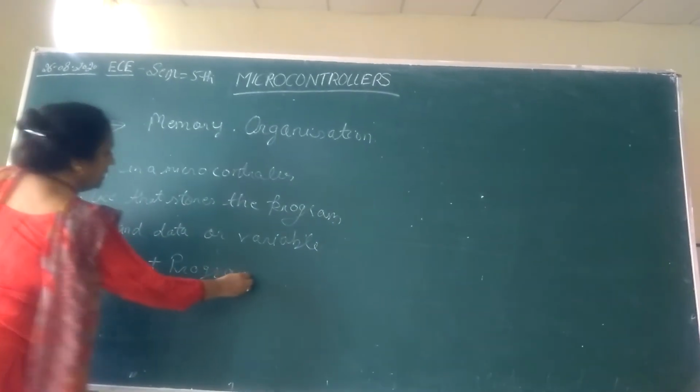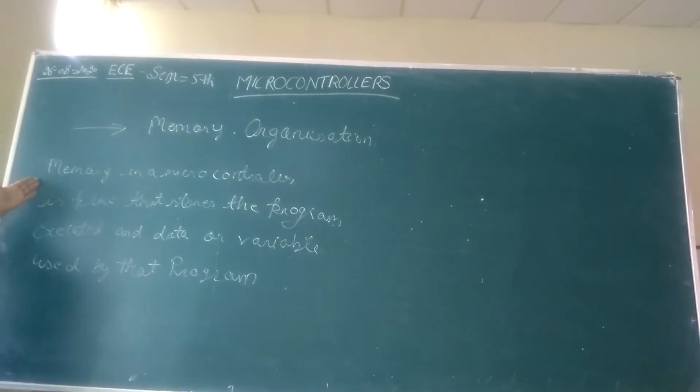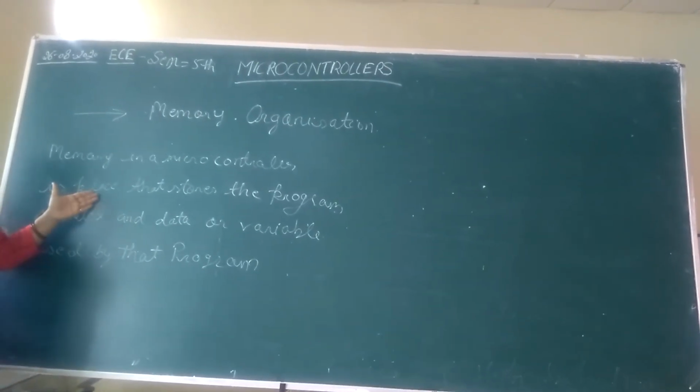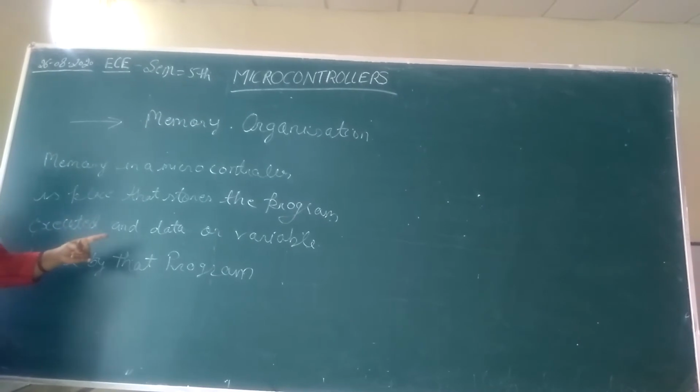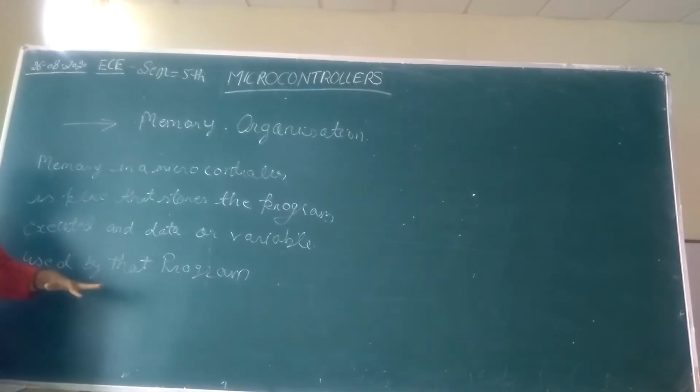Okay. Memory in a microcontroller is a place that stores the program executed and data or variable used by that program.